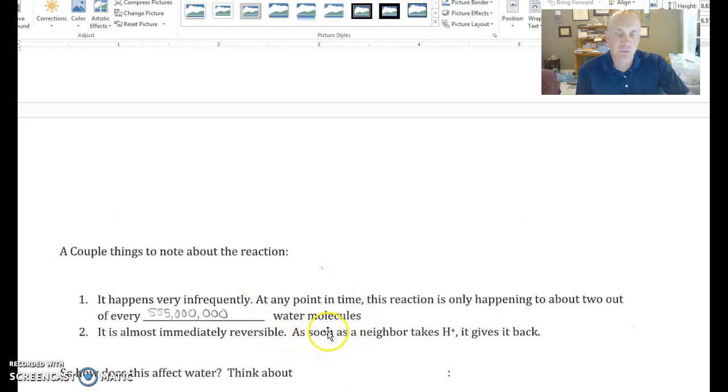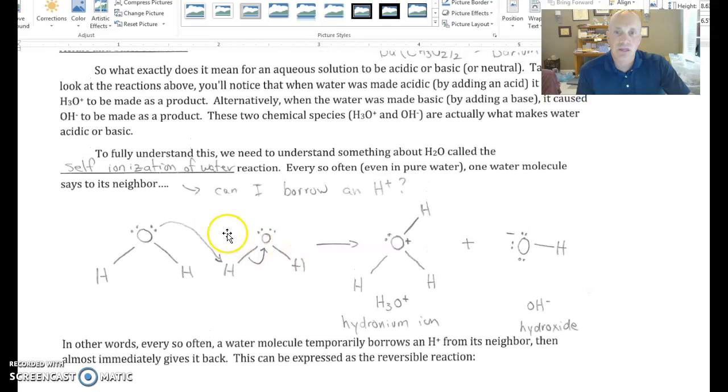As soon as a water molecule grabs an H plus, it gets rid of it. It could either give it back to the hydroxide, or it could give it to a different water molecule. This thing doesn't exist for very long; it has a very short-lived life.